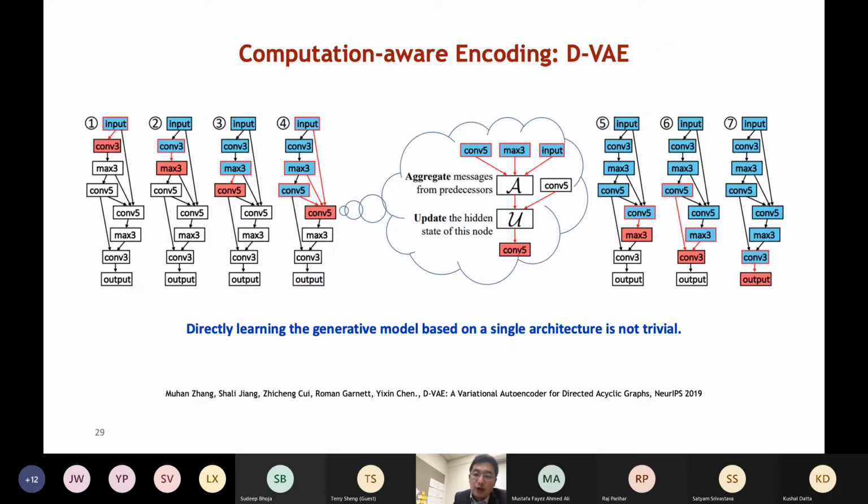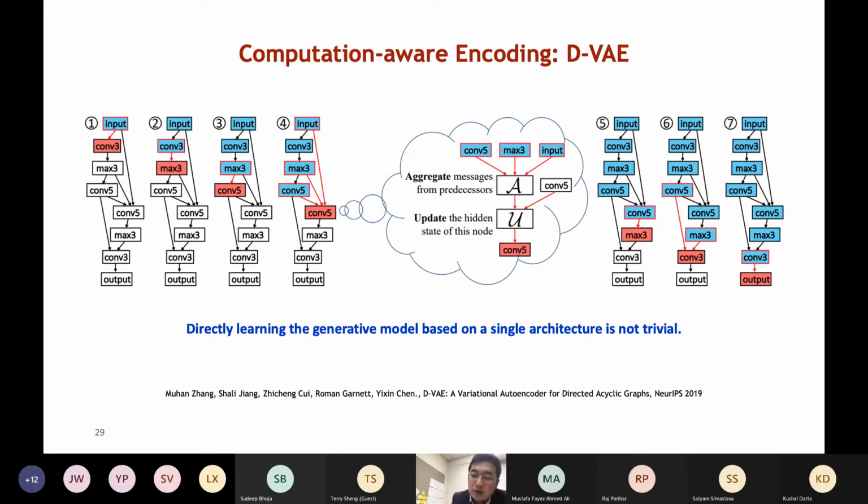Another well-known computation-aware encoding method is a learning-based one named D-VAE. D-VAE uses shallow GRUs to encode a computation, and its decoder is trained with the variational autoencoder reconstruction loss via something we call asynchronous message passing.